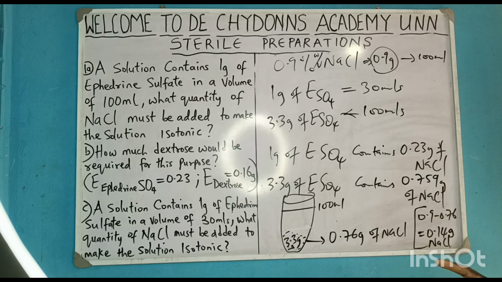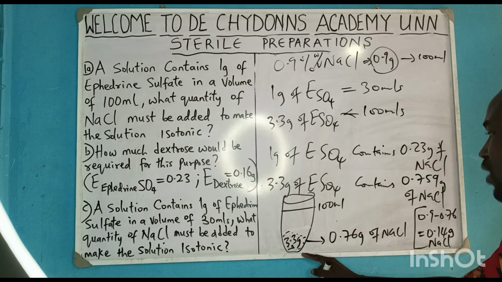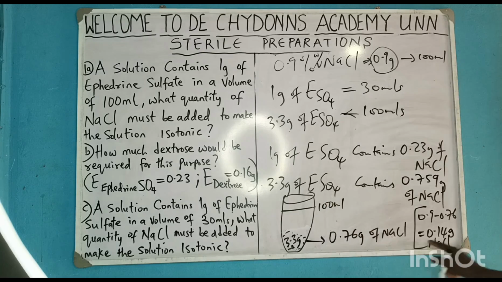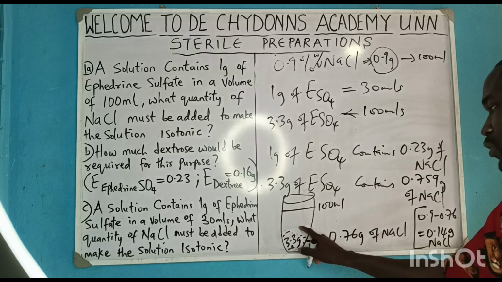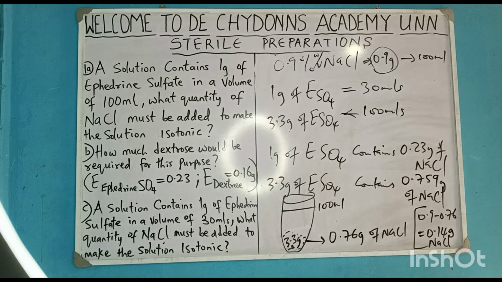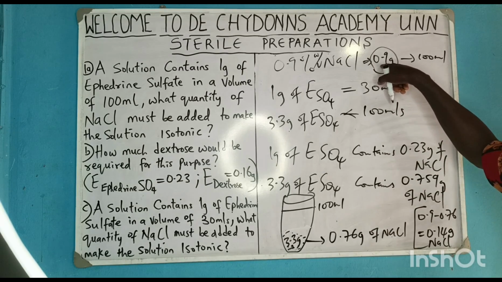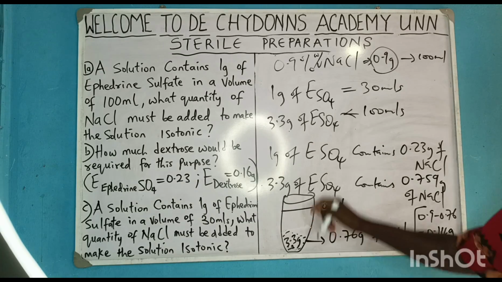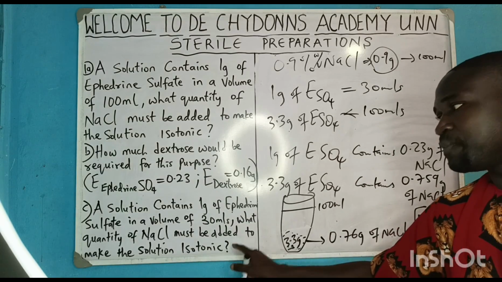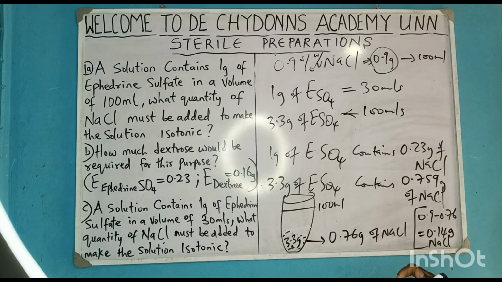So what I will now do is that as I use water to make it to 100 ml, I put 0.14 gram of a fresh sodium chloride inside here. Once I put it inside here, that's 0.14 and 0.76. That is what will make it to 0.9, and it is in 100 ml. That means that ephedrine sulfate here is now isotonic.